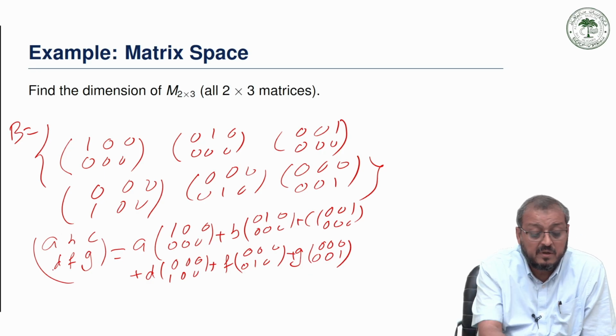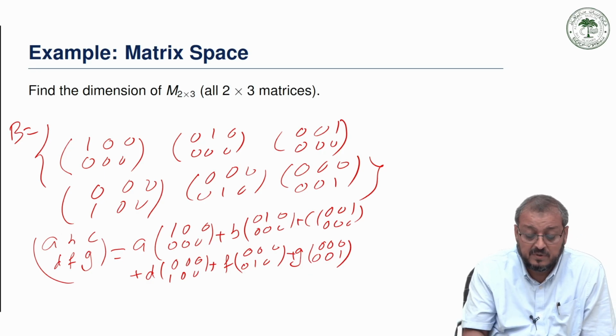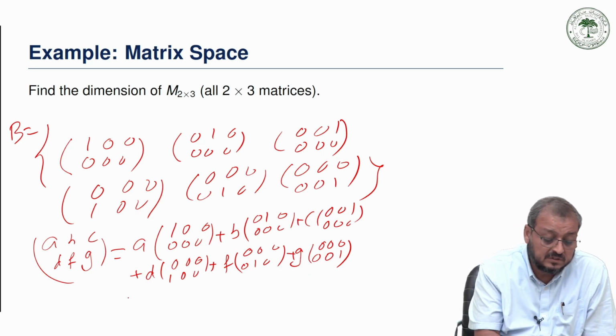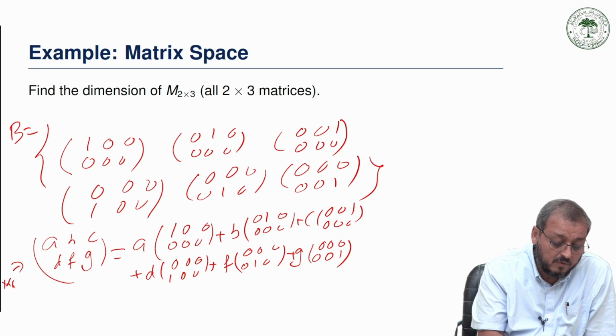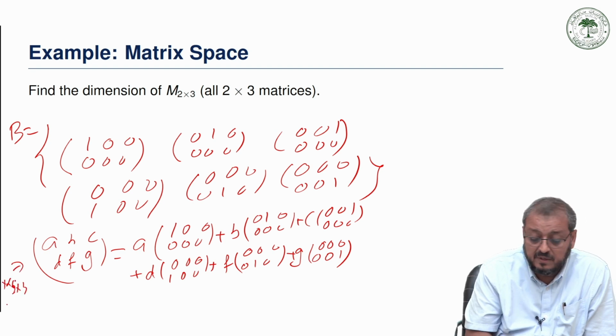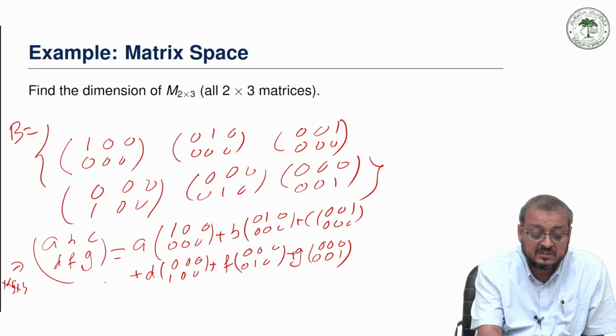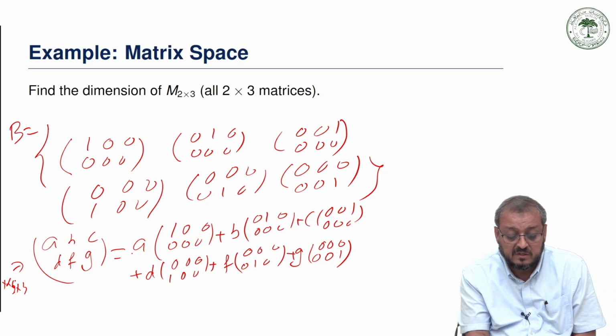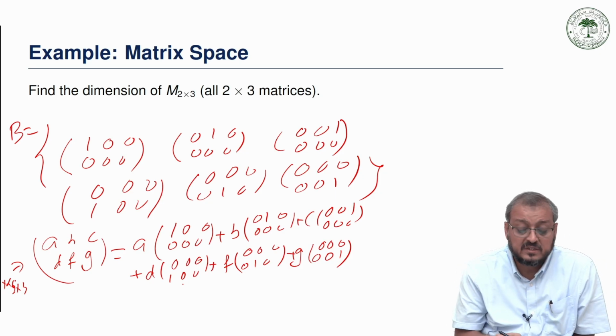Clearly any 2 by 3 matrix can be written in this form, and this is also linearly independent: if the combination gives 0, the scalars are 0.